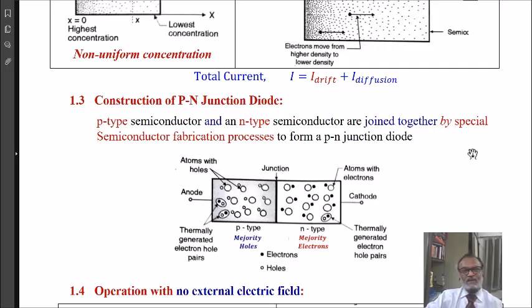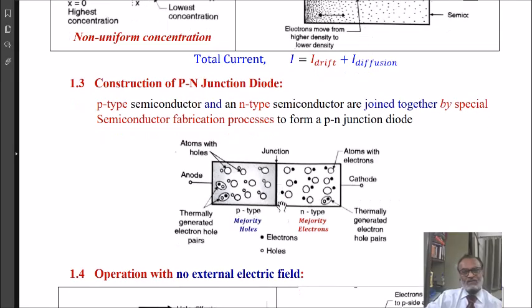By joining together p-type and n-type semiconductor with the process of semiconductor fabrication, we make a p-n junction. Now here in the figure, p-type material is shown and n-type material is shown, and they are joined by a semiconductor fabrication process.